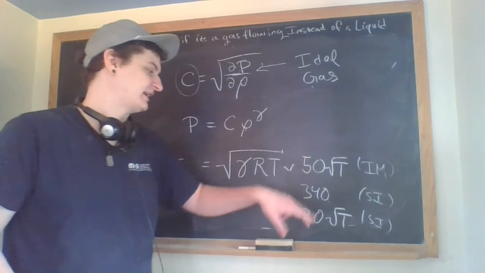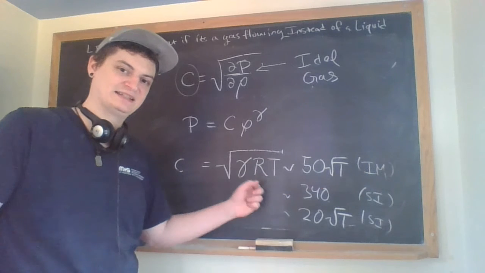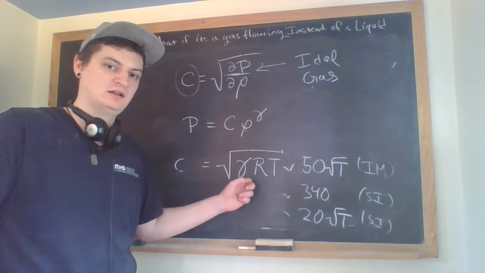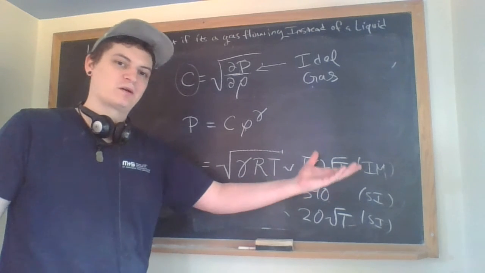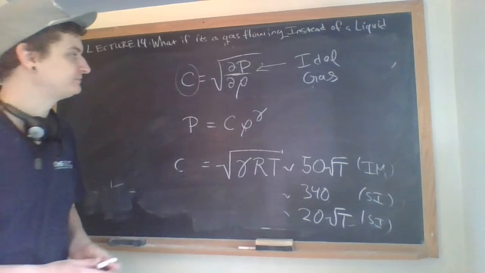So this is feet per second, this is meters per second. But the speed of sound is dependent on temperature, and you see that from the ideal gas law. So just go 50 square root of your temperature. You can quickly figure out how fast it's going in there.